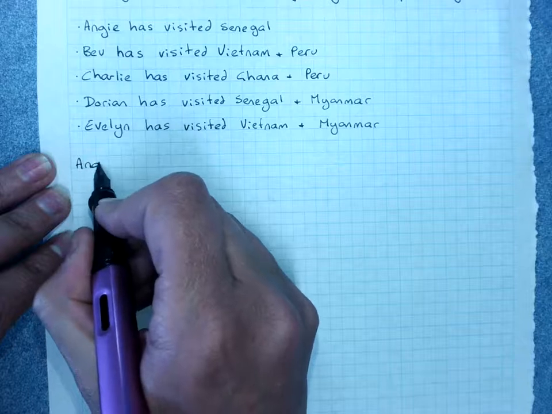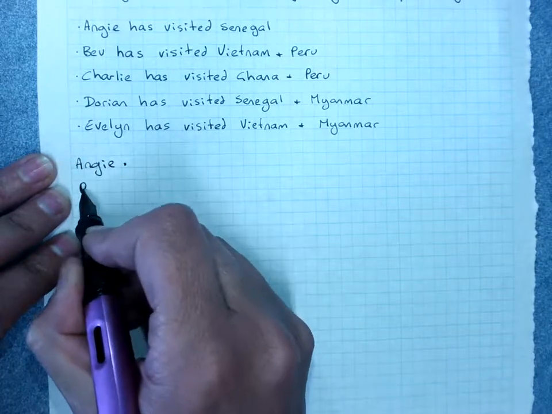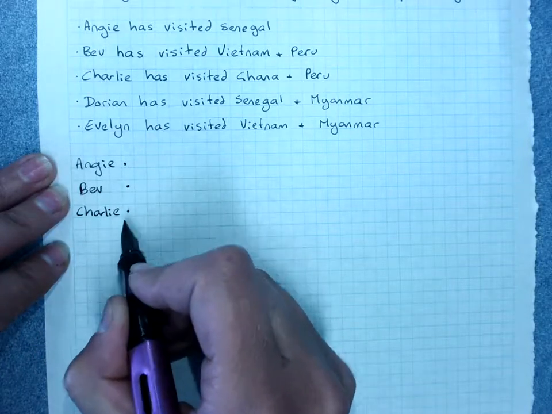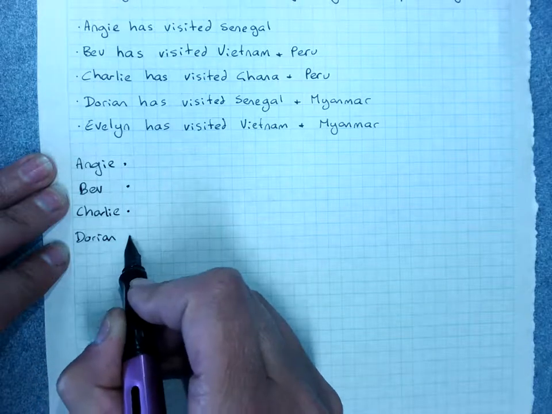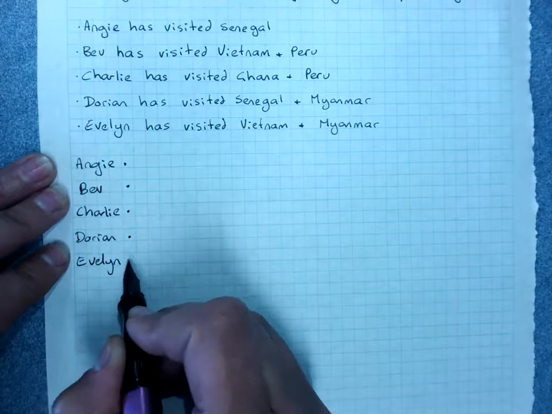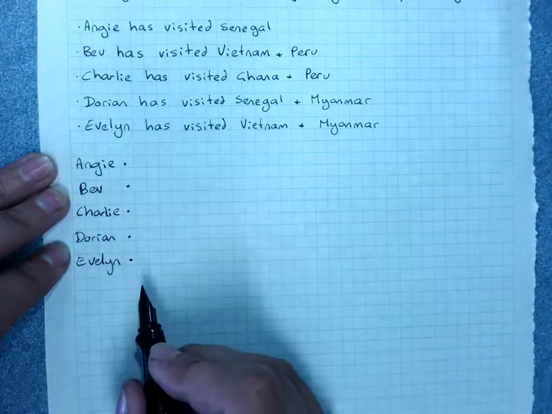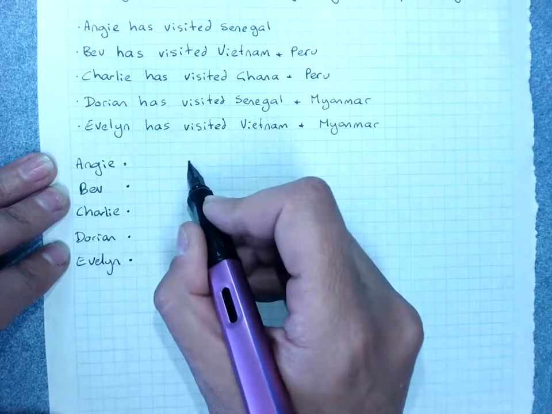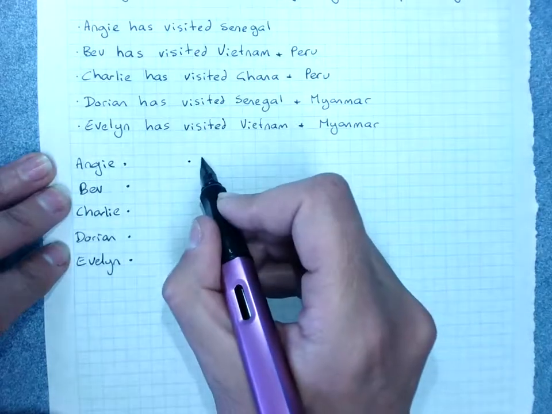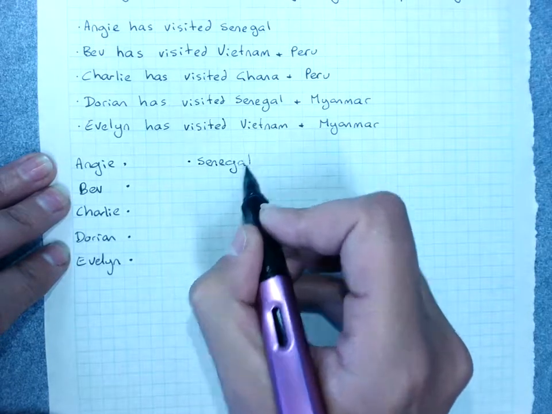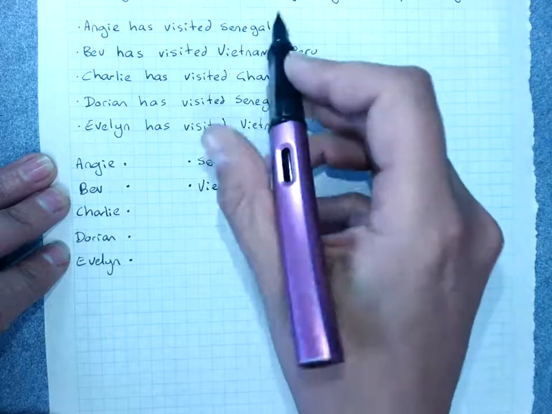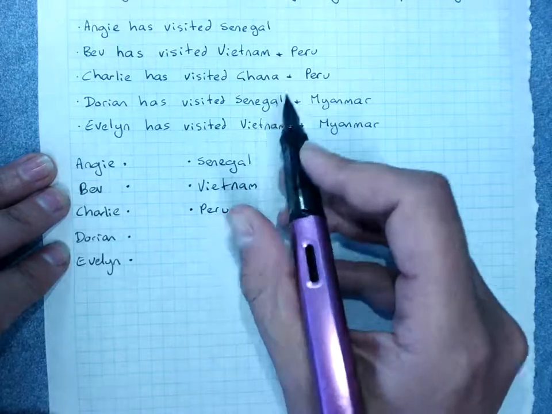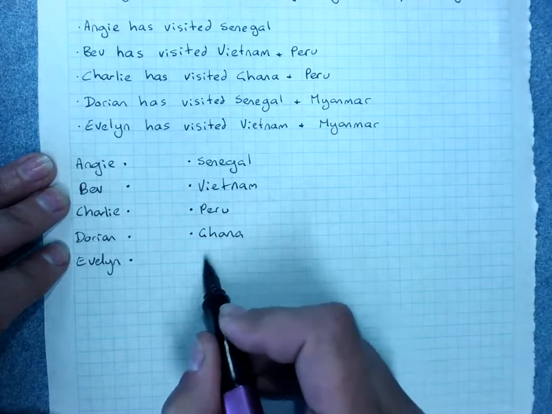So we've got Angie, and so there we have group 1 of vertices, and over here we'll have our countries, and we'll just put them down in the order that they arrive on our page. So I've got Senegal, Vietnam, Peru, Ghana, Myanmar.